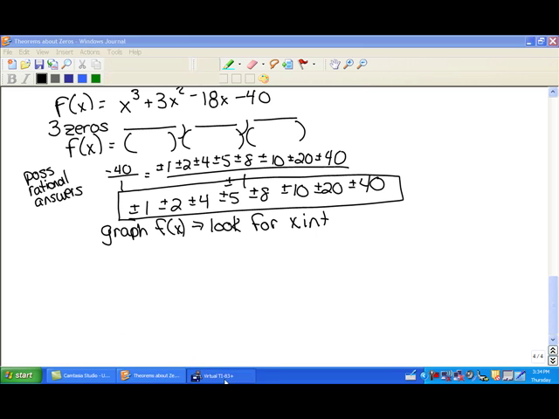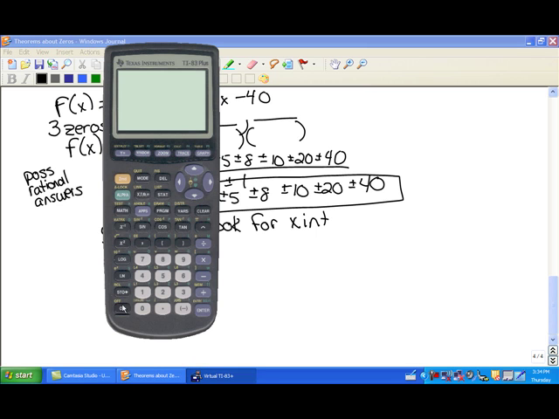Let me pull up a calculator. Go to your y equals screen and type in the function x raised to the third plus 3 times x raised to the second power minus 18x minus 40.